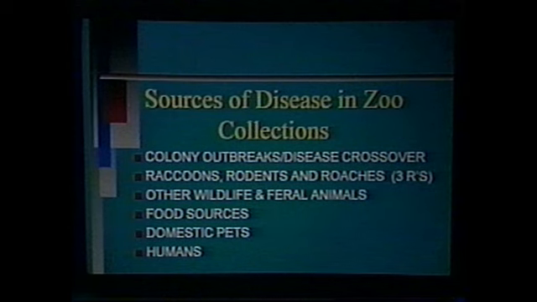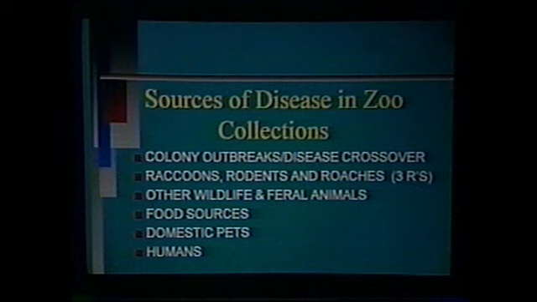And I will illustrate some of these as we go along. There are other wildlife, fox, skunk, some of the small rodents that live freely in zoos, and also feral animals like cats. Cats often harbor in zoo settings and carry diseases like toxoplasmosis, of which there are a number of susceptible species, mainly the marsupials.